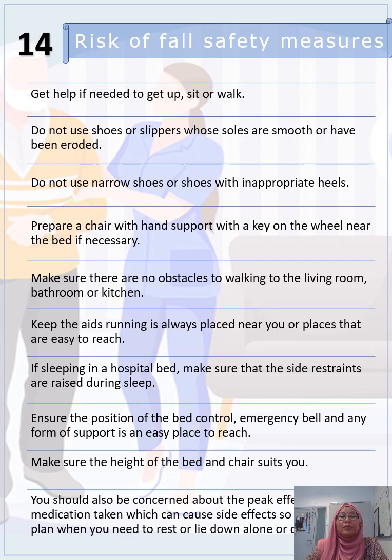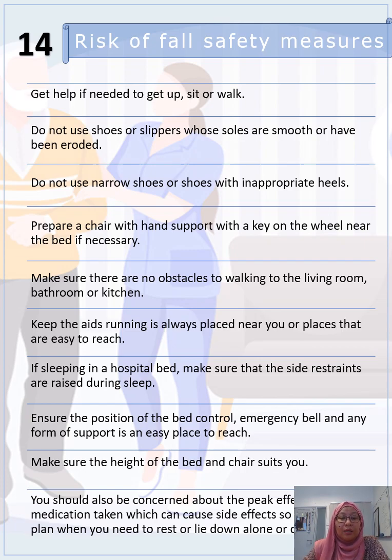Okay, let's look at some of the fall risk safety measures. Get help if needed to get up, sit or walk. You can easily call anyone around you to assist you. Do not use shoes or slippers whose soles are smooth or have been eroded. Do not use narrow shoes, shoes with inappropriate heels, or very tight shoes.